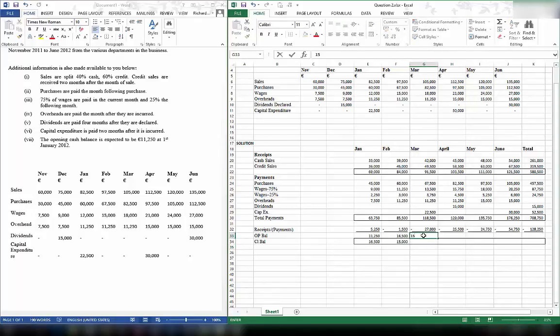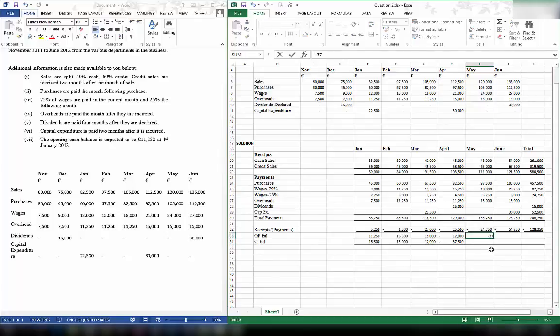But 15,000 minus 27,000 is going to give us a negative closing balance of 12,000, carried over to the following month. Our minus 25,500 minus 12,000 is going to give us another negative of 37,500. Just carry to the next month, so it becomes our opening balance.